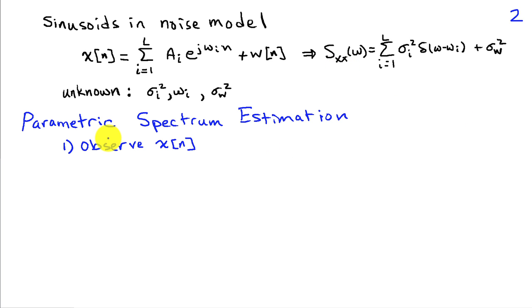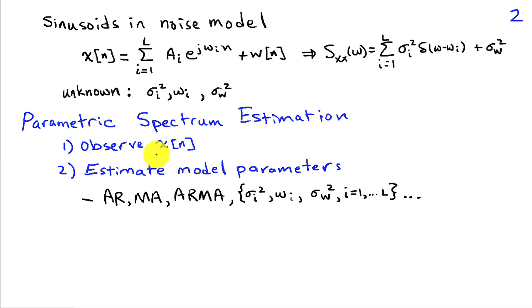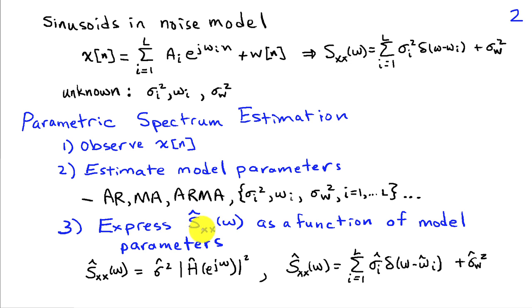So the general approach with a parametric spectrum estimator is, first of all, we observe our data, x of n. Next, we use the data to estimate the parameters of the model. For example, the autoregressive coefficients, the moving average coefficients, or the amplitude variances and the frequencies of sinusoids and the white noise level. We would estimate these parameters from the data and then get our estimated spectrum as a function of the parameters we just estimated.